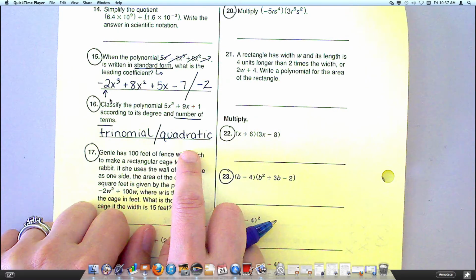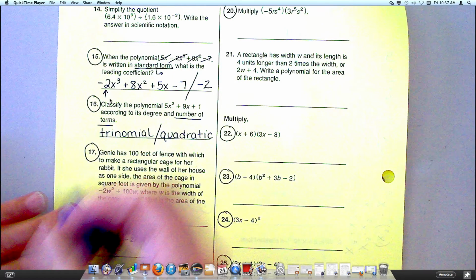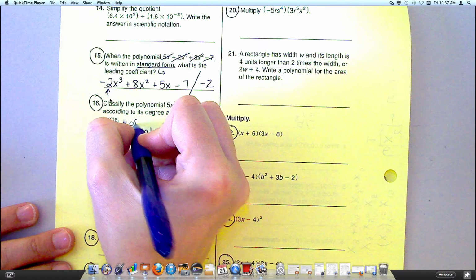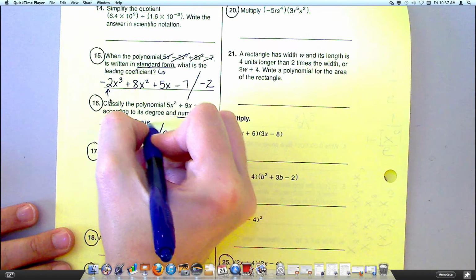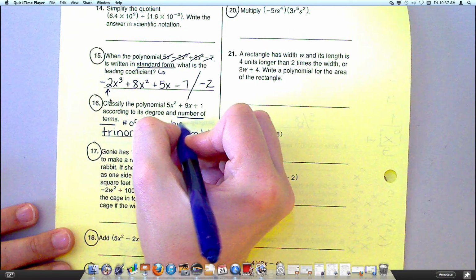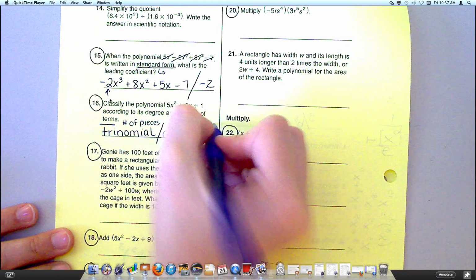You could have just one, if it was just y equals 5x squared, it would still be a quadratic, even if it only had 1 piece. Okay, so this is talking about the number of pieces. And this is talking about the biggest exponent. Okay, 2 different things.